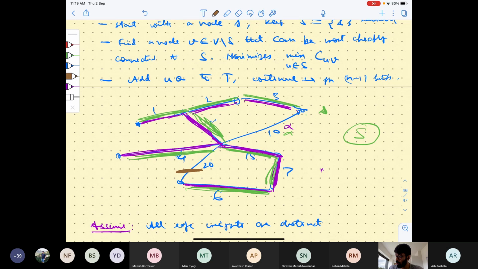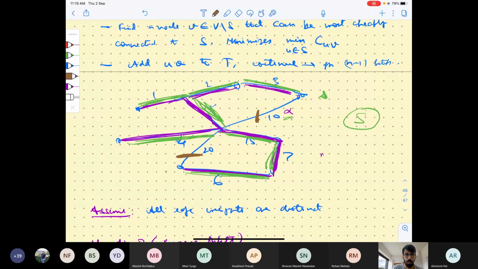Then it tries to throw away 10, it can throw away 10. Again, you get the same spanning tree, minimum spanning tree. Okay. Any questions about this algorithm?